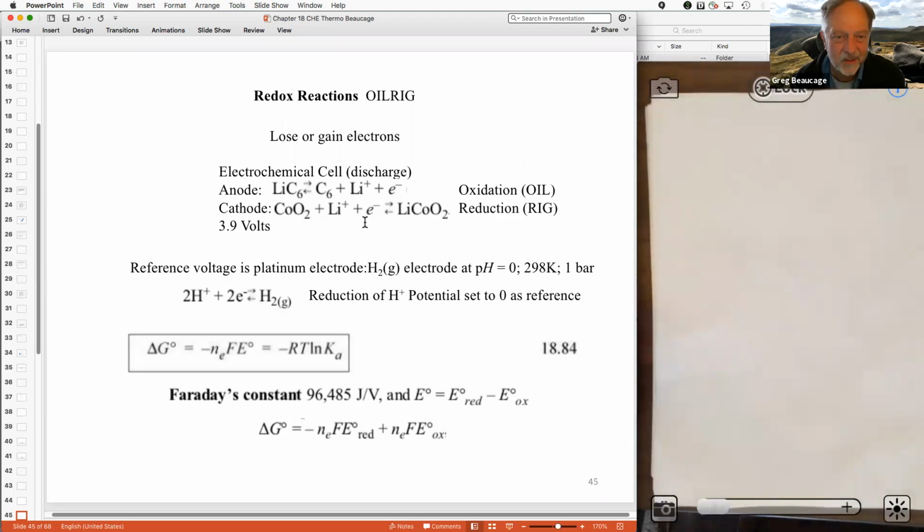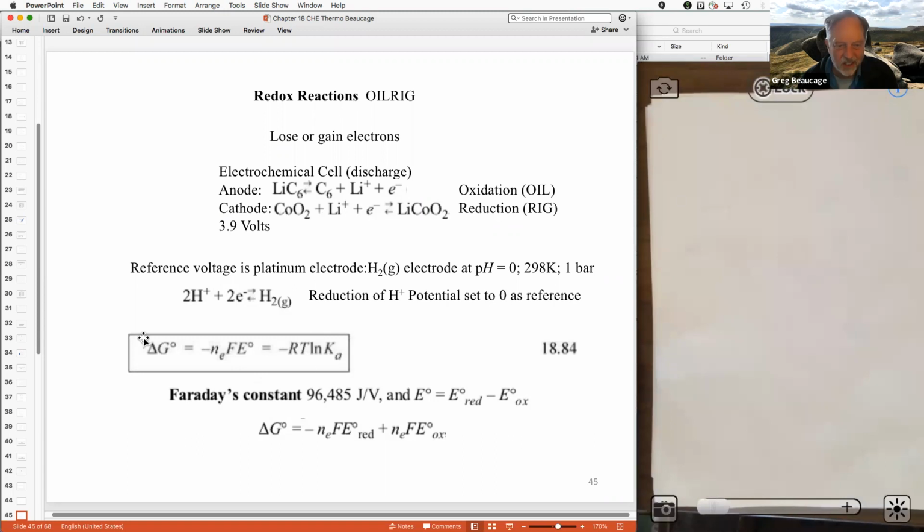Anyway, so these reactions are going to have some equilibrium constant associated with them. They run together. So it's like dissociation, association, electrolyte balances, and then you end up with a voltage from that. This has to do with the Ka through Faraday's constant. It's like the Ka and then the free energy.